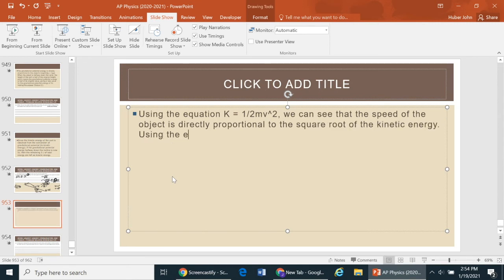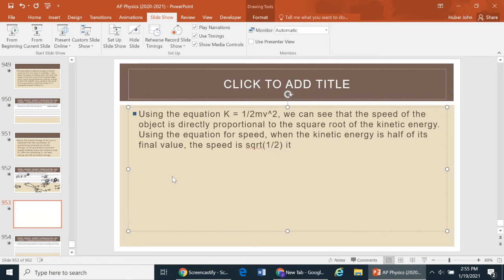Using the equation for speed, when the kinetic energy is half of its final value, the speed is, well, square root of 1/2 its final value. And I'll write here 0.707.